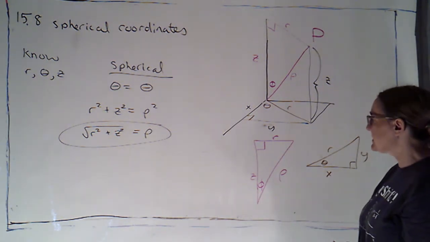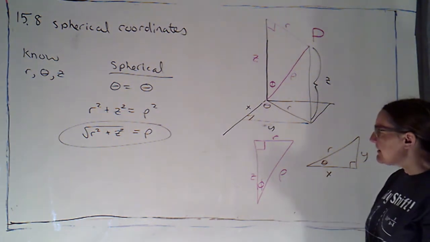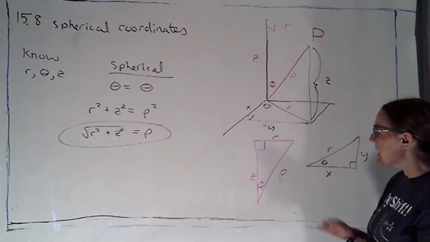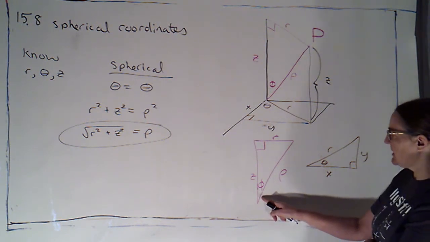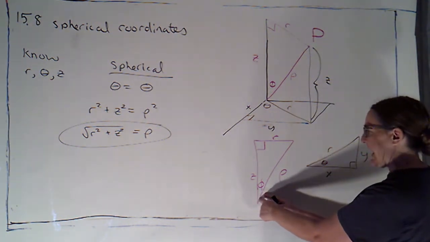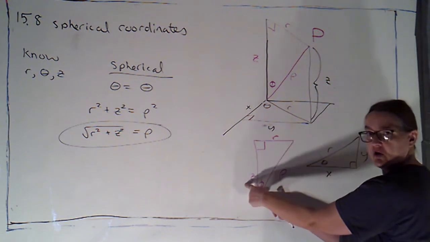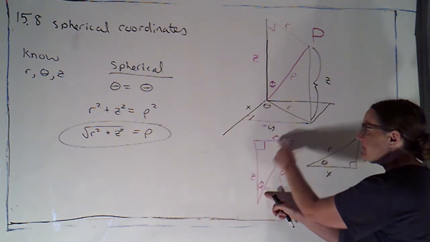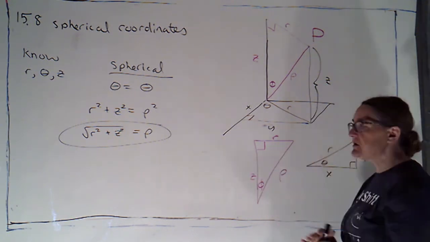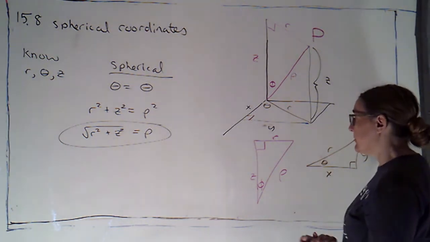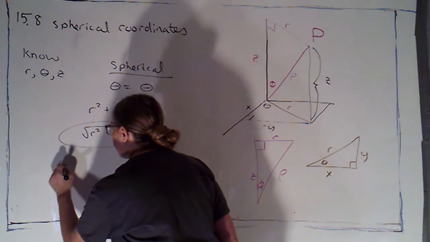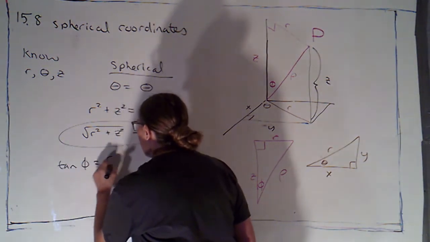Okay, excellent. Now, if I take a look at phi, I can see that I could use some trig functions here. I could say that tangent of phi is r over z. And it's very tempting to use that. That's true, and that will always be true, that tangent of phi is r over z.